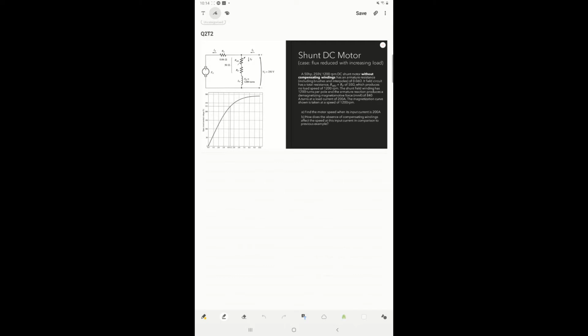We can see that the magnetization curve is also shown here, and it is taken at a speed of 1200 rpm. I need to emphasize here that every magnetization curve is plotted at a certain speed. So at a different speed, we will have a different value of voltages there, but the shape will be much the same.